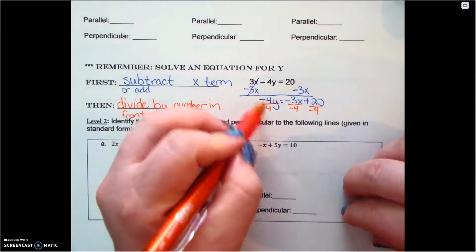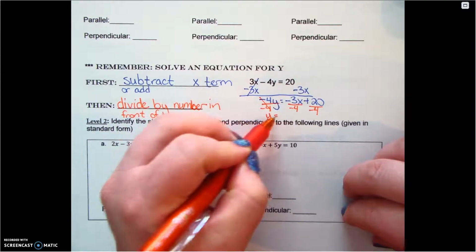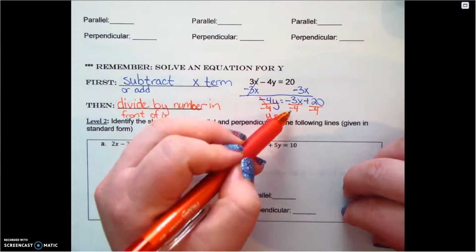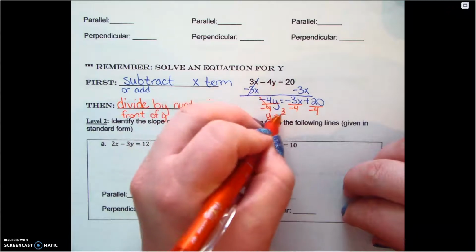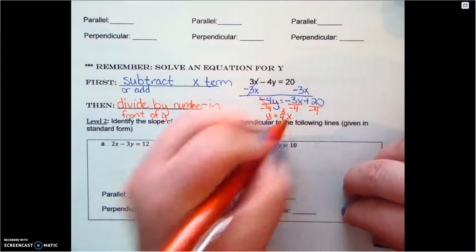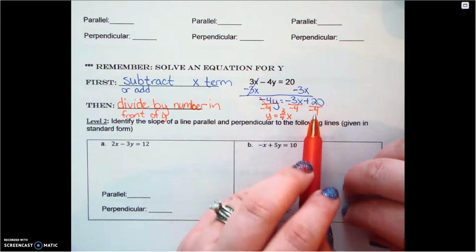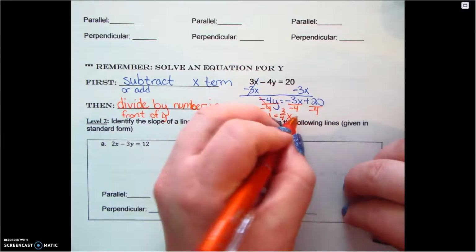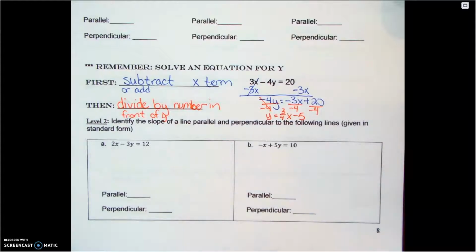So negative 4 over negative 4 cancels and just becomes 1. Negative over negative becomes positive 3 over 4, and the x just sits right next to it. Then 20 divided by negative 4 gives me a negative 5. Okay, that should be your little reminder of how we solve to get y by itself.